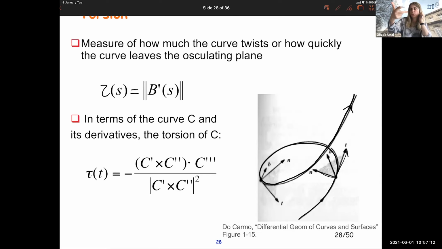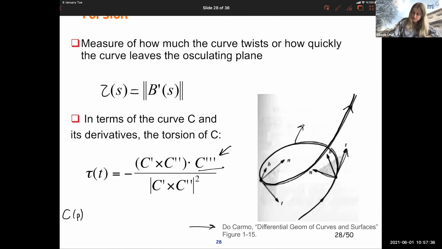That also changes very quickly, with the B also quickly changing. So in terms of the curve C and its derivatives, you can also derive an expression. This is derived in do Carmo, if you want to look at the details. Now you see we're looking at the third derivative of the curve C.